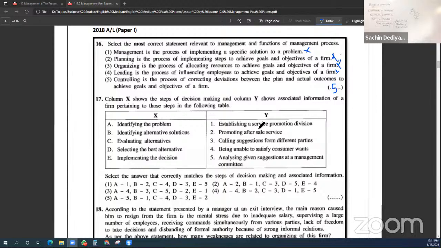Calling suggestions from different parties, something like this. Being unable to satisfy consumer wants, yes, it's a problem. Without any doubt, A for 4 should be there. Remove 1, 5 and 2.